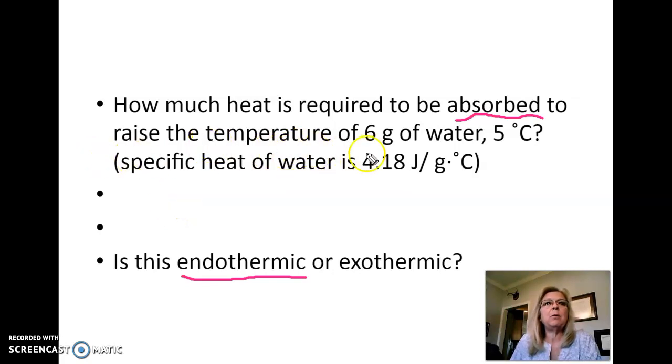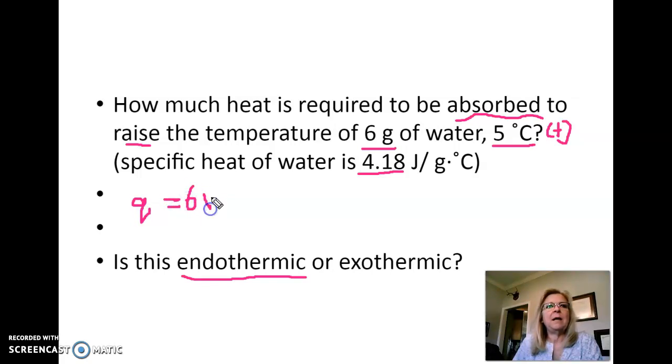It says raising the temperature of 6 grams of water by 5 degrees Celsius. So since we're raising the temperature, this temperature change is a positive temperature change. And then, of course, we have our specific heat capacity of 4.18. So Q, in this case, is going to come out to 6 times 4.18 times 5.